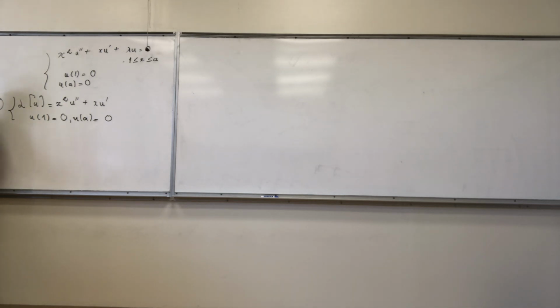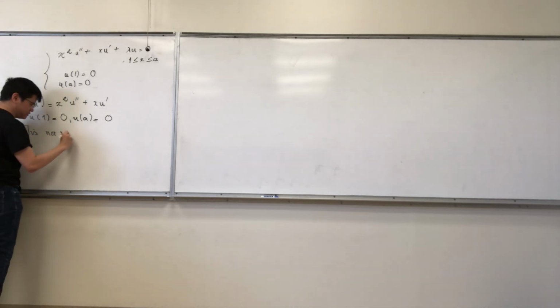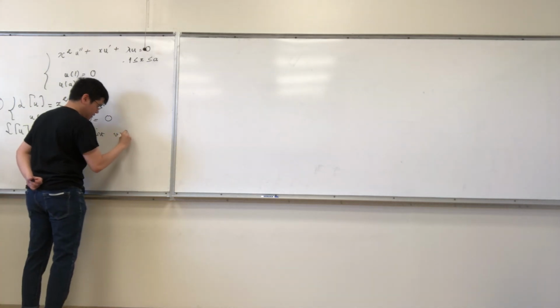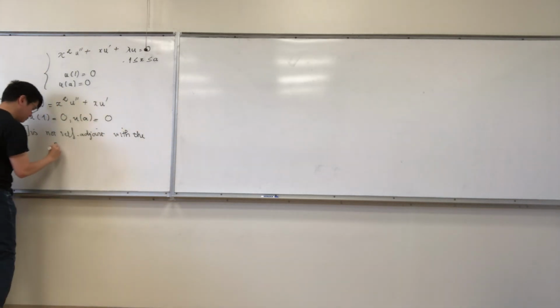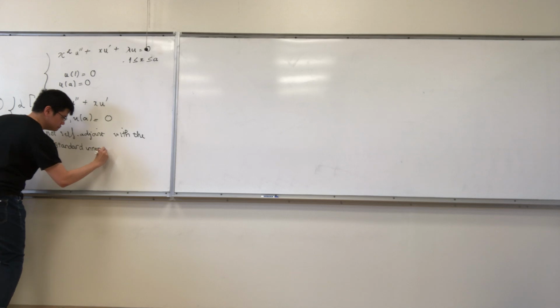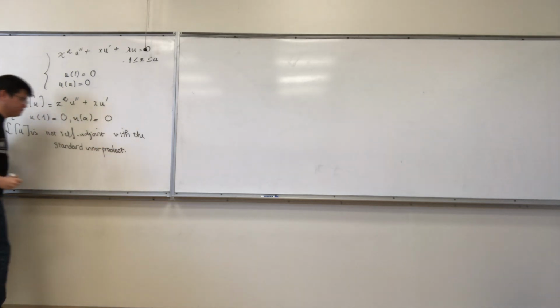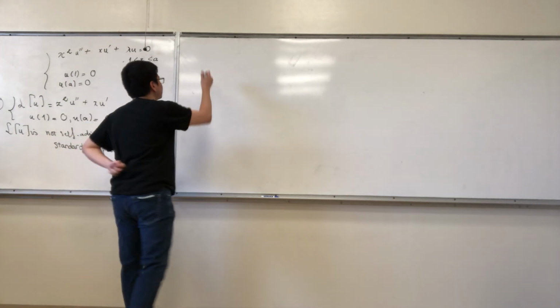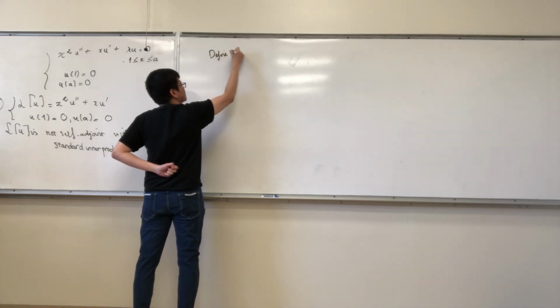For this one, we know that this operator L u is not self-adjoint with the standard inner product. This is why you have to find a new inner product.